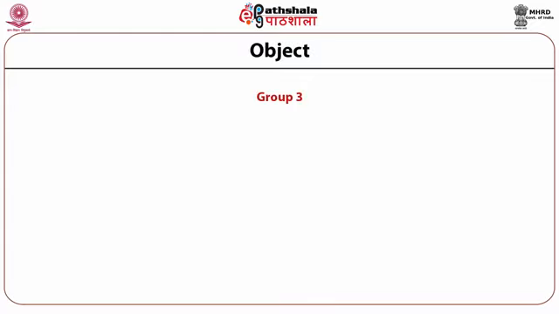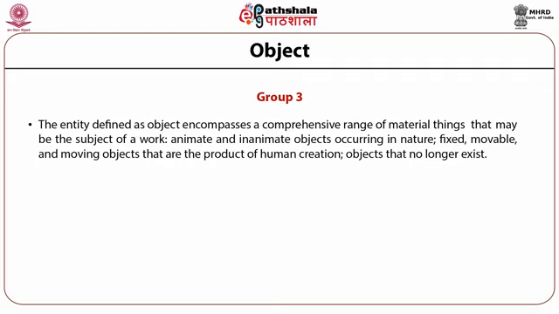Then comes the object. What is an object? The entity defined as object, same thing, encompasses a comprehensive range of material things that may be the subject of a work, whether animate or inanimate. Animate means those who have life, inanimate means which cannot speak, which have no life.